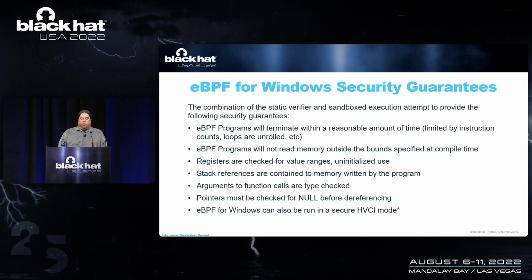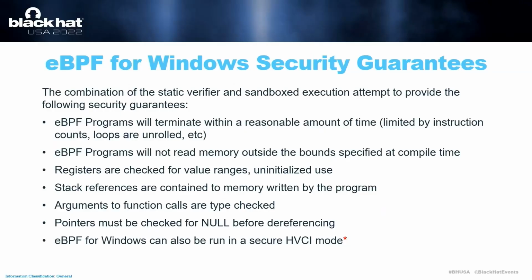All right, so what are these security guarantees that this all ties together? Well, number one, because these are meant to be high-performance filter hooks, they have a limit of 4096 instructions that can be in a single function. And so the static analysis is able to, in fact, unroll loops and ensure that you will terminate.